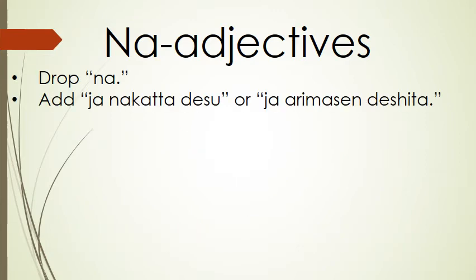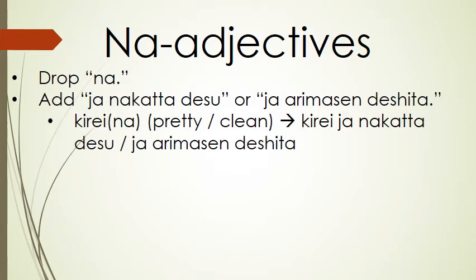Now if we want to form the negative past tense of a na adjective, once again we remove the na, and this time we add ja nakatta desu or ja arimasen deshita. So kirei na, pretty or clean, becomes kirei ja nakatta desu or ja arimasen deshita.